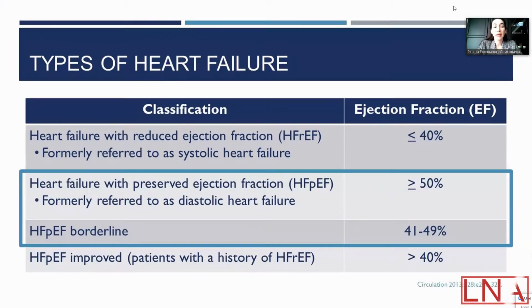Second, heart failure with preserved ejection fraction, formerly referred to as diastolic heart failure, when ejection fraction is more than 50%. Borderline heart failure is when ejection fraction is between 41 and 49%. And heart failure with improved ejection fraction: a patient with a history of heart failure whose ejection fraction is now above 40%.